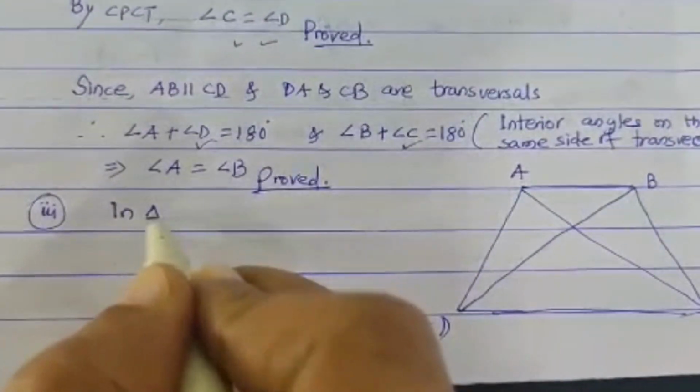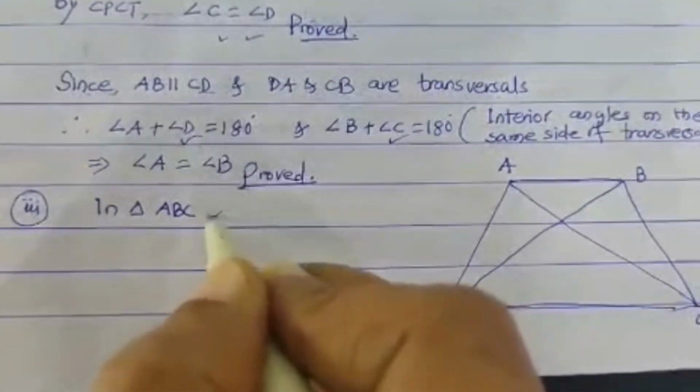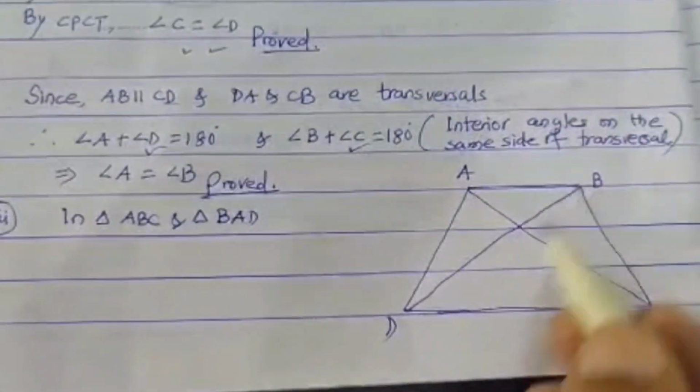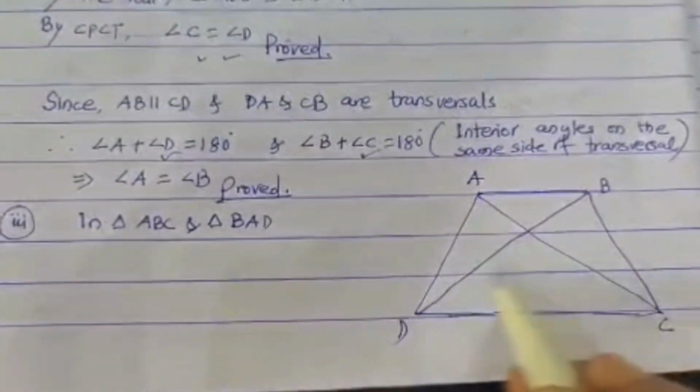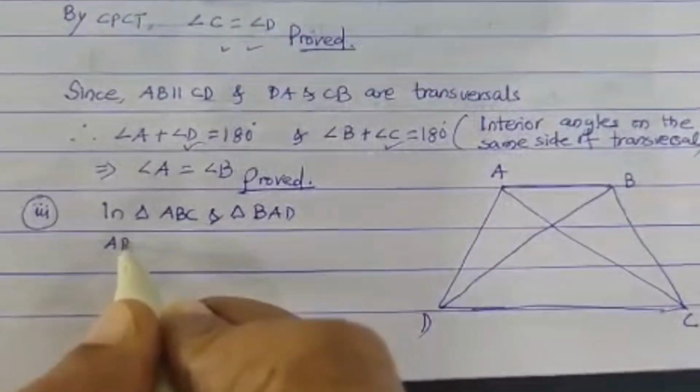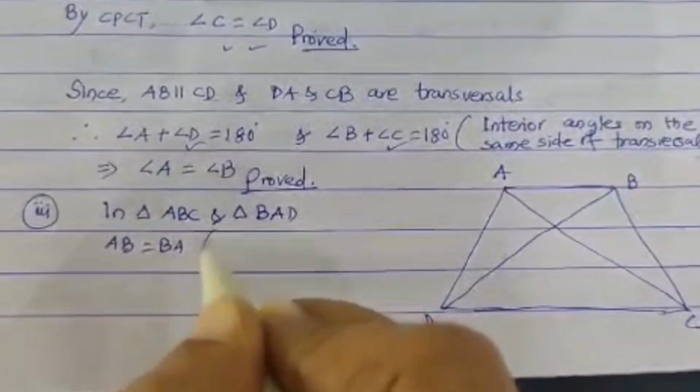We will write directly: in triangle ABC and triangle BAD, first of all, AB is common. AB equals BA, this is the common part.